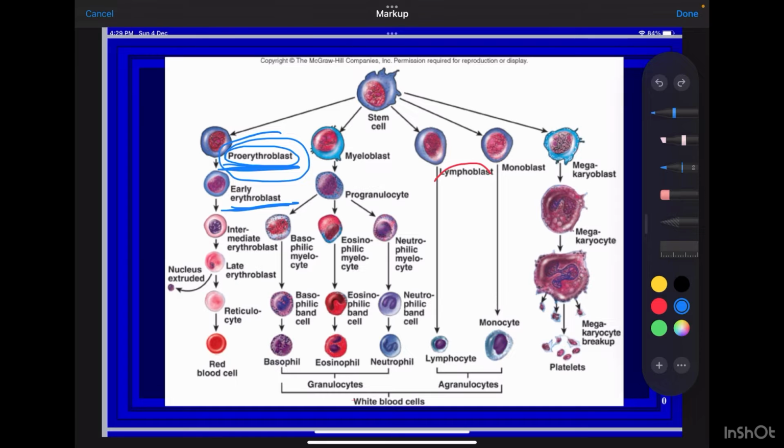Now what comes after is the intermediate erythroblast, and you see here there are two colors. The cytoplasm displays both eosinophilia and basophilia. Eosinophilia is due to the staining of hemoglobin. Hemoglobin starts to be synthesized in the early erythroblast, and it shows here in the intermediate stage as staining.